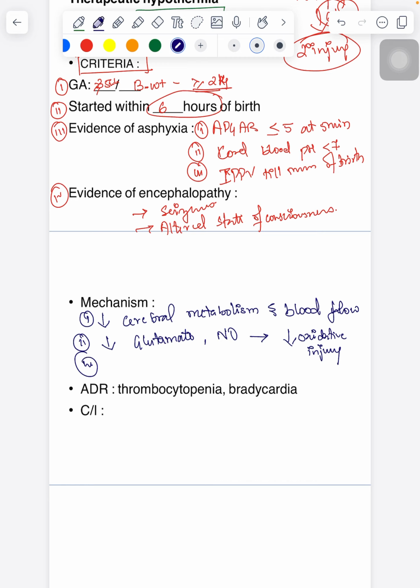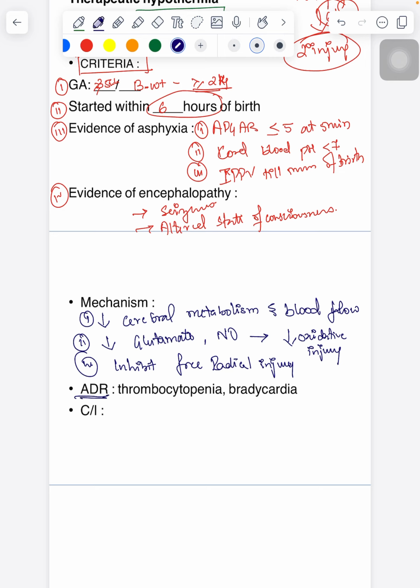Third, it inhibits free radical injury, which is mainly responsible for secondary injury to the penumbra. So it inhibits free radical damage and lipid peroxidation, thereby reducing apoptosis and necrosis. This is the mechanism behind therapeutic hypothermia.